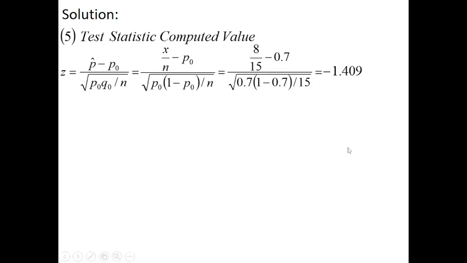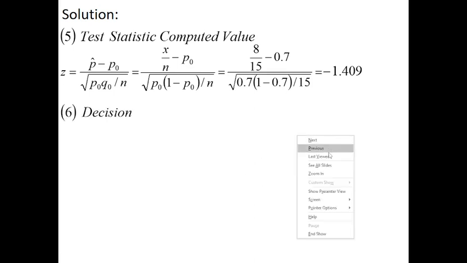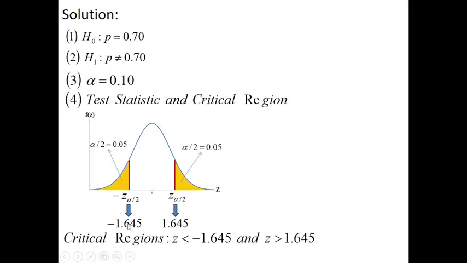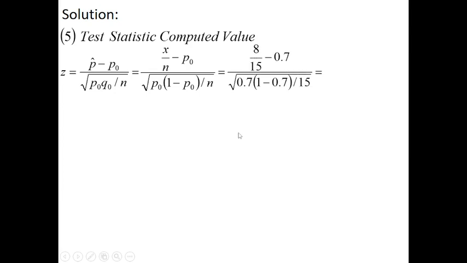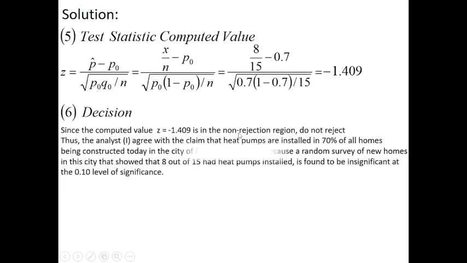So our decision now: is negative 1.409 in the critical region? It's not in the critical region. So we can now decide: do not reject H sub 0, since the computed value z equals negative 1.409 is in the non-rejection region.